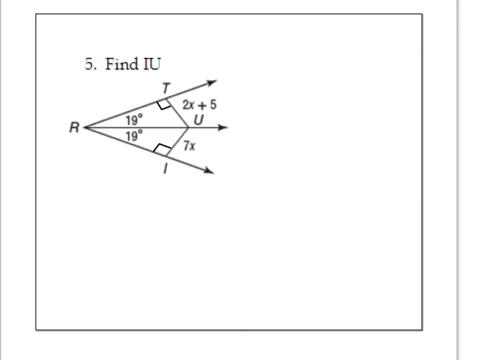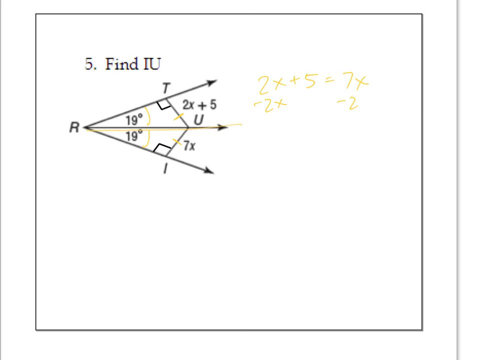Number 5, you can see that we have 19 degrees here and 19 degrees here. That means that ray RU bisected angle TRI. And that means this distance and this distance will be the same. So 2x plus 5 will equal the 7x.